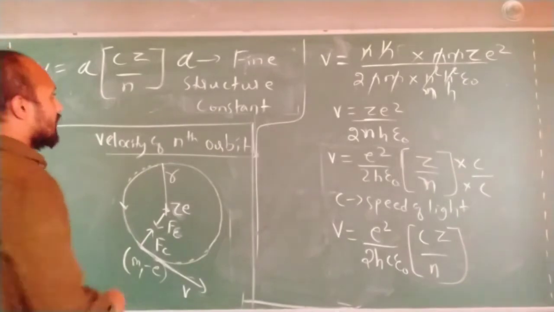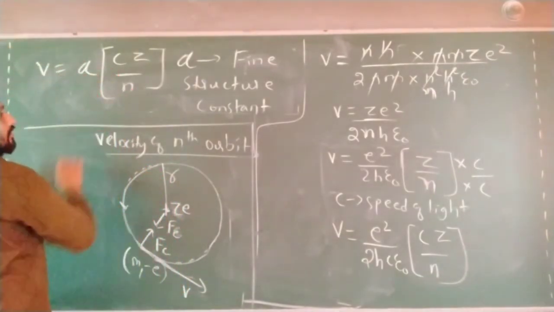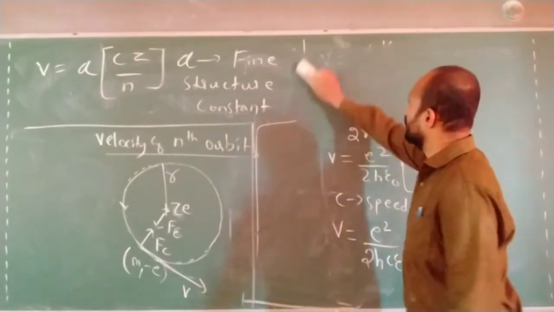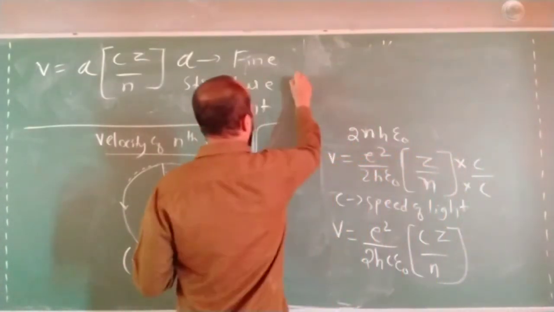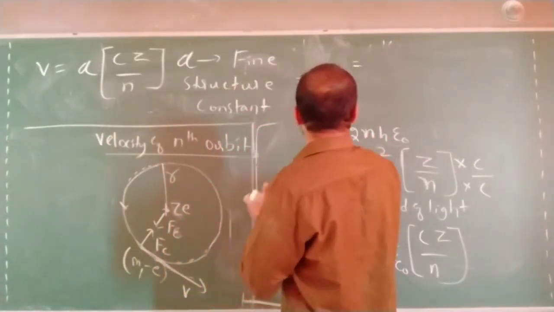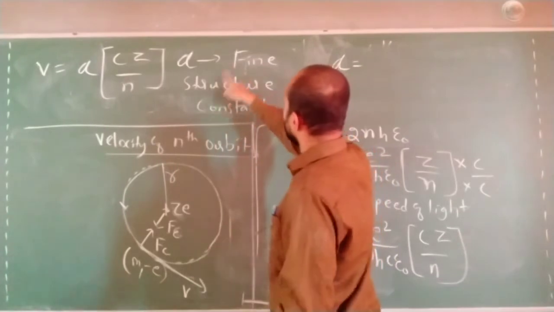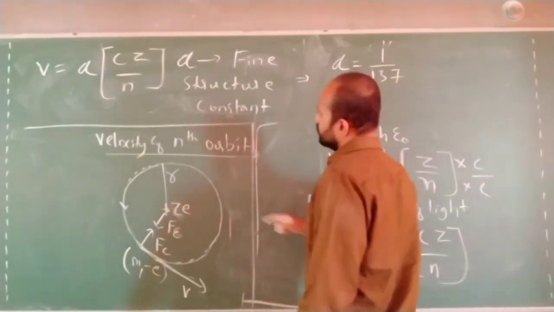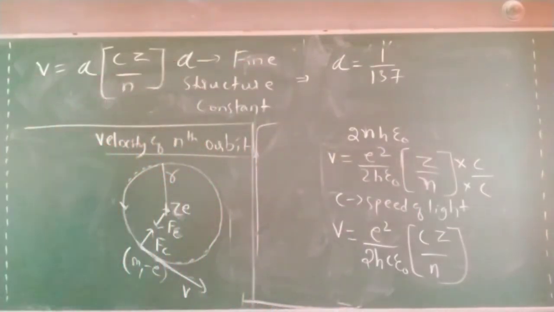So this constant, what is the value of this? Alpha is equal to 1 divided by 137. Okay? This is very important, where its value is given as e square by 2h epsilon naught c.